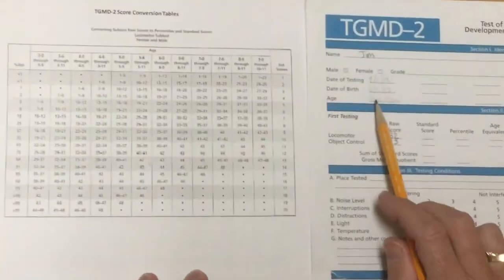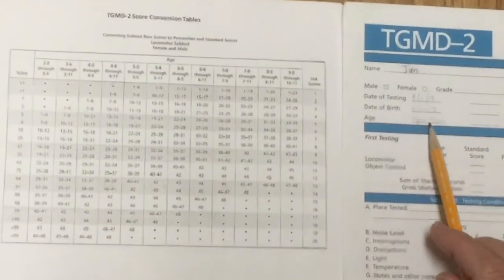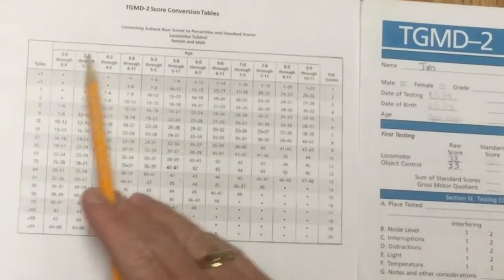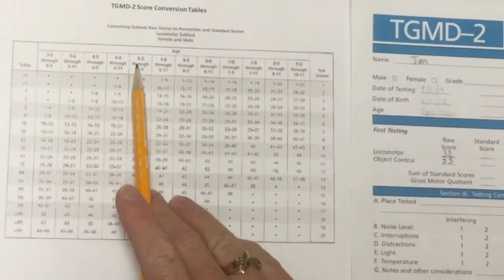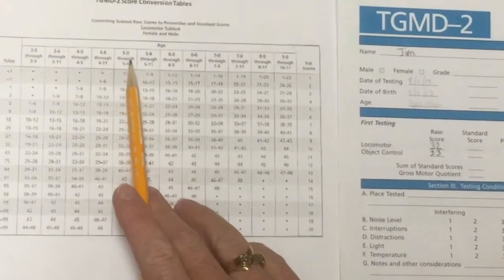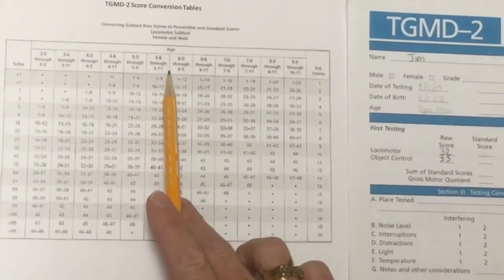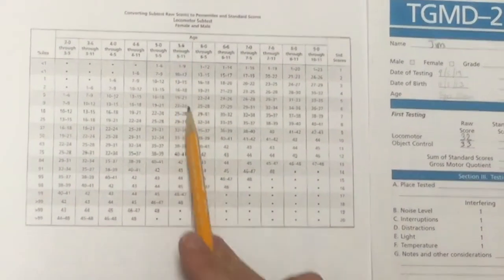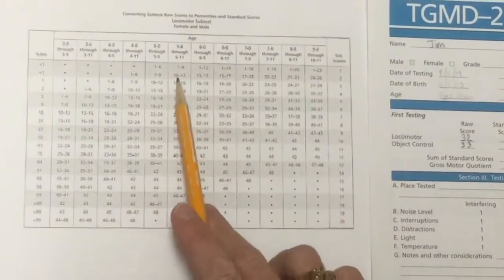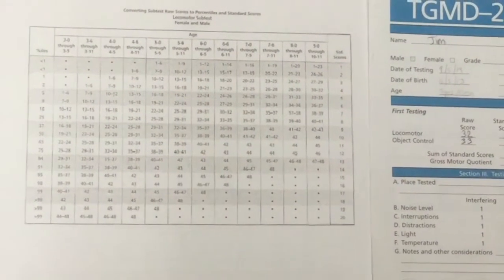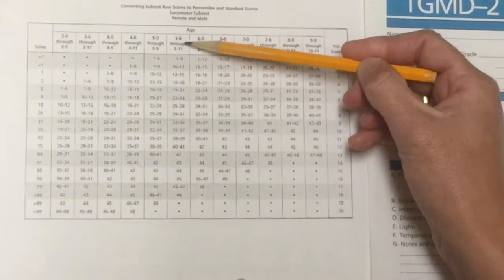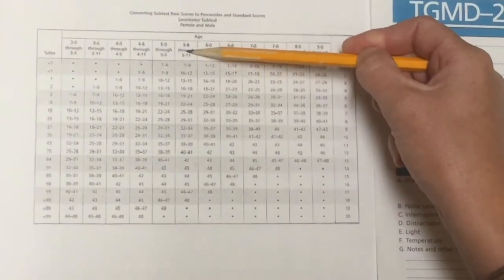We know that the student at the time of testing was 5 years 10 months. So I'm going to go along here at the top to find 5 years where he would fit in. This column here goes from 5.6 through 5.11 years. So I'm going to use this column.